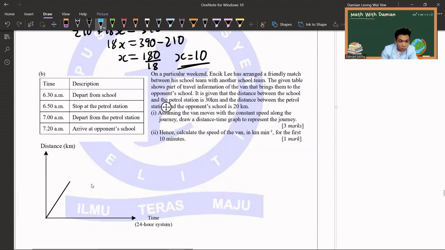So here, if I go straight down, we'll be at 20. And actually, no. Will be at 0650. Here's 0630. And the height here is at 30 km away.